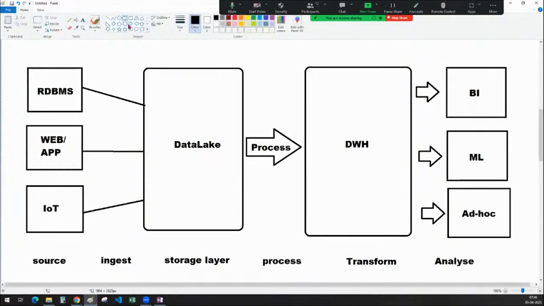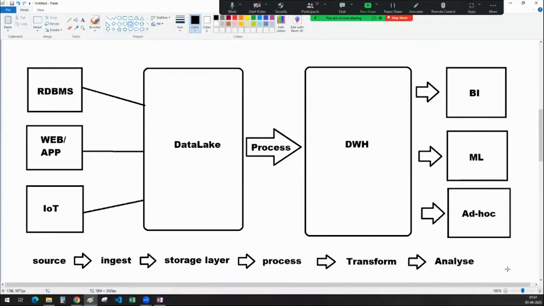This is what is meant by a data life cycle. In a data life cycle, you get the data from a source. You do the ingestion into a storage layer, and you do processing on top of it to clean the data and prepare the data. You do some transformations on top of it, and you try to analyze the data to improve your business. So this is what is called a data life cycle.